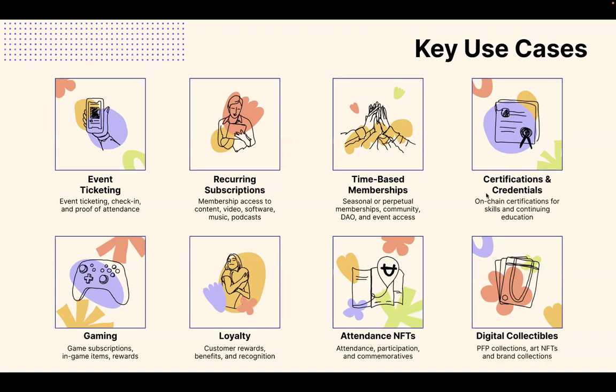If you don't want somebody who has a token or a ticket or a membership to get access to benefits and perks forever, but instead you want to do something like a monthly or a yearly or similar type of epoch-based membership or subscription, you can do that. Certifications we talked about, we're seeing folks do things with gaming and loyalty programs and such. Today, we're really going to talk about things in that event space, though.